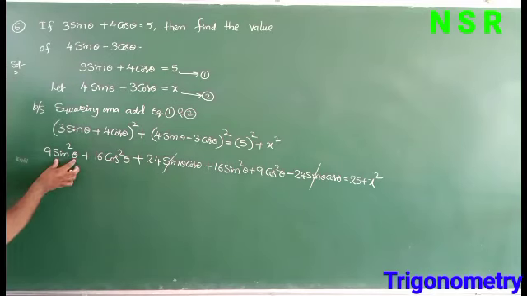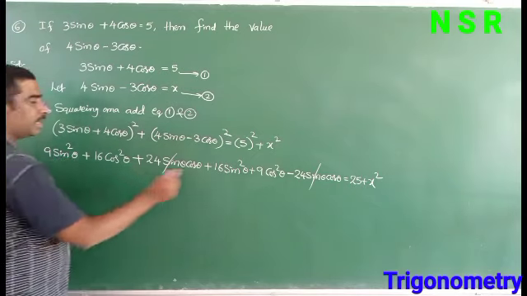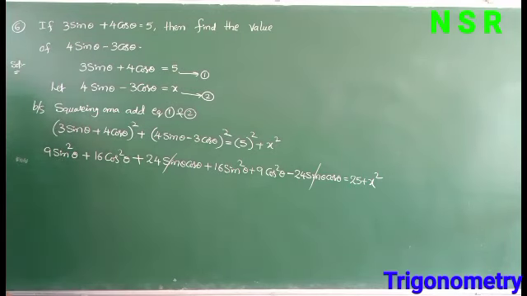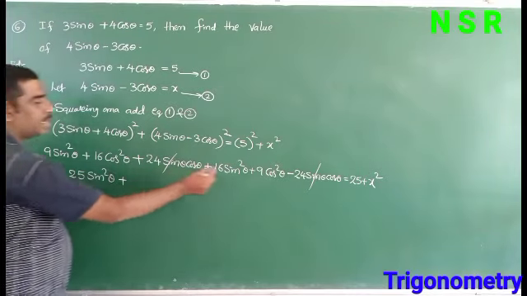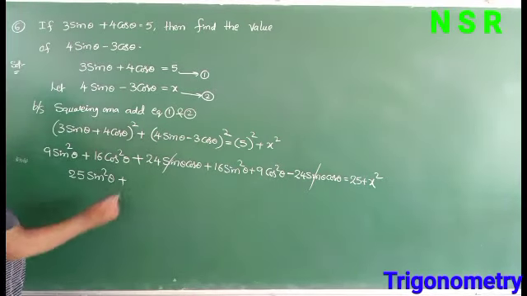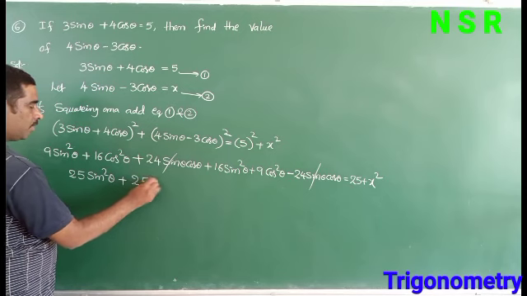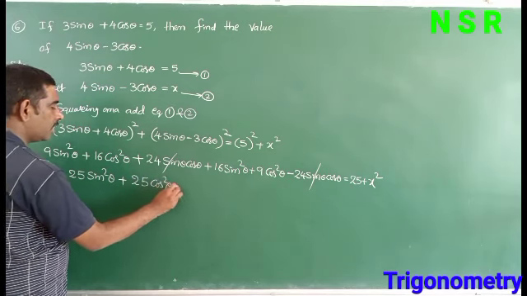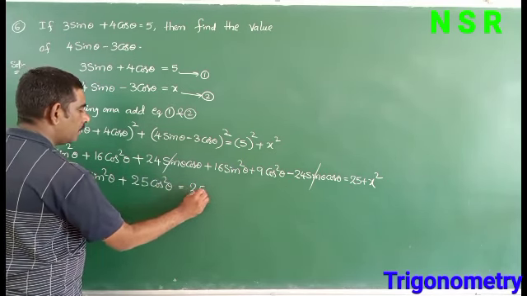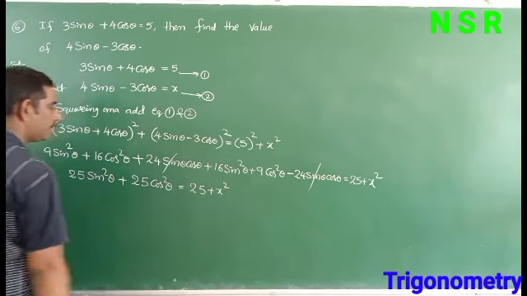Now here sin square theta is there, here also sin square theta is there, 9 sin square theta plus 16 sin square theta, 9 plus 16 is 25. So 25 sin square theta plus 16 cos square theta plus 9 cos square theta, 16 plus 9 here also 25 cos square theta, is equal to 25 plus x square.